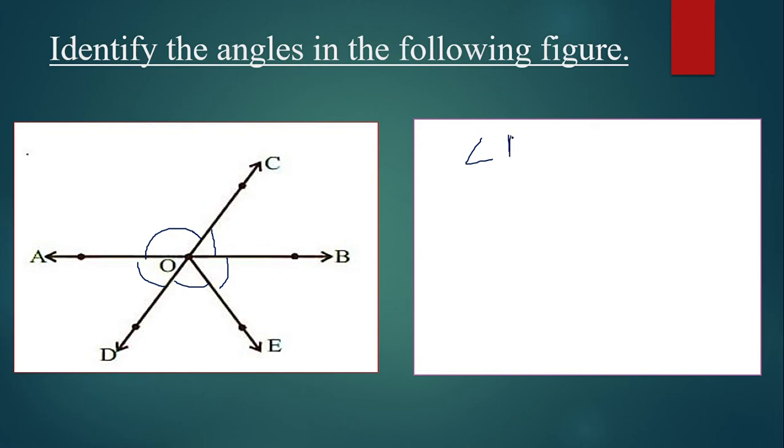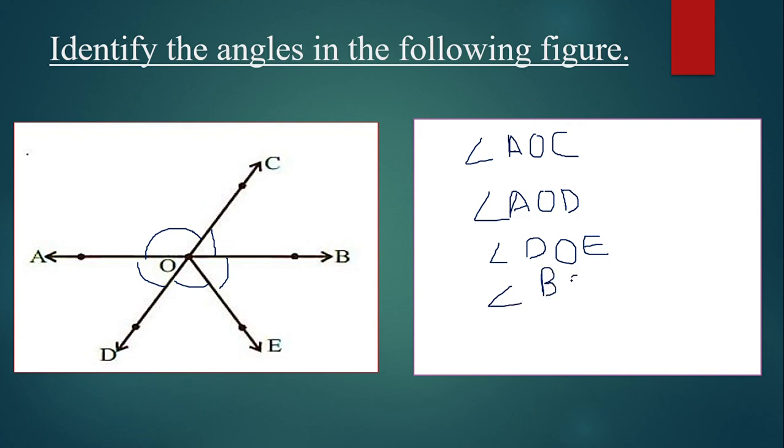We can say angle AOC, then angle AOD, then angle DOE, then angle BOE, and last angle COB. So these are the 5 angles we can see in this figure.